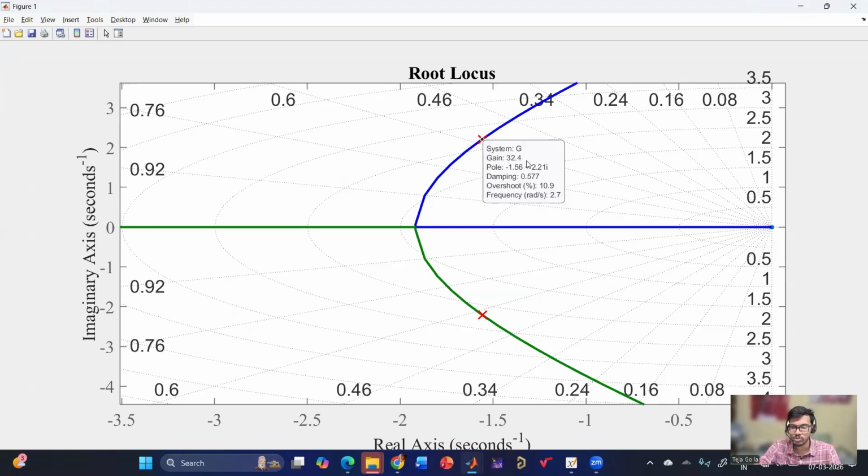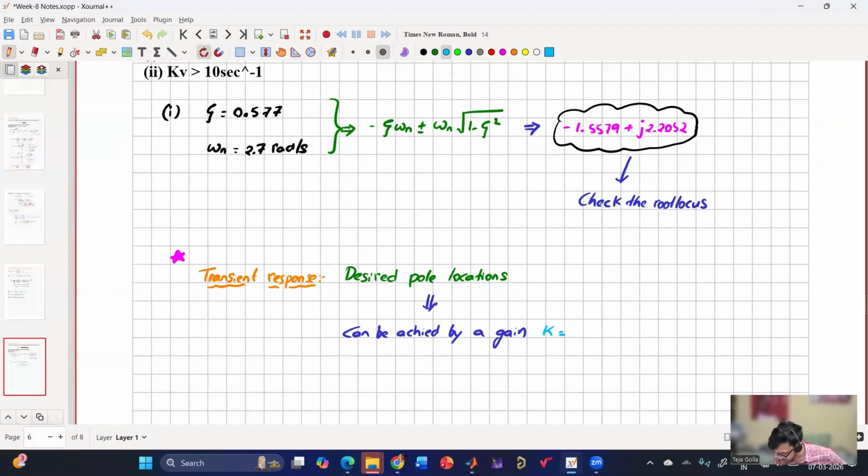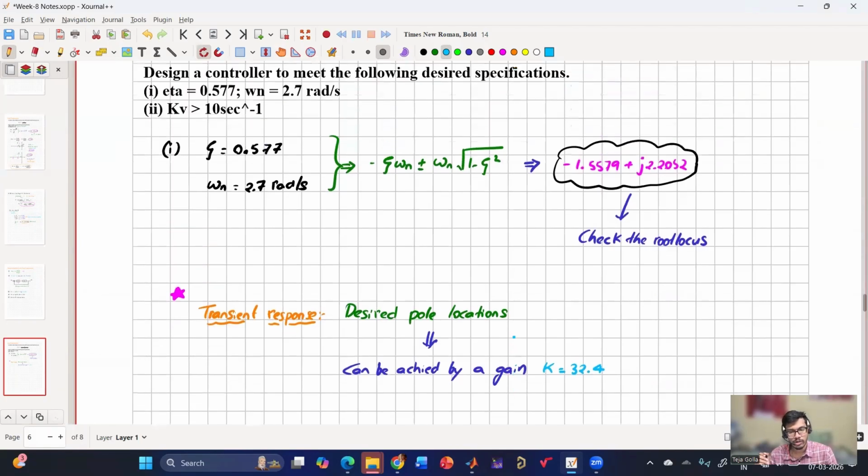Because I have zoomed in, it is more accurate. So 32.4, 32.5, more or less same. So gain K is equal to 32.4. So now I have seen that the transient requirements, or the desired closed loop pole locations, can be achieved by this gain of 32.4.